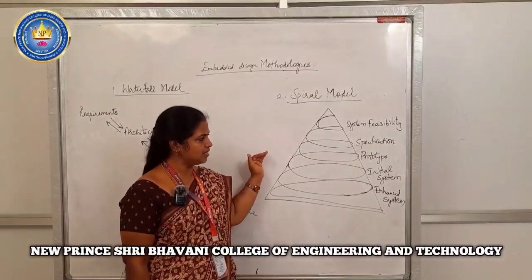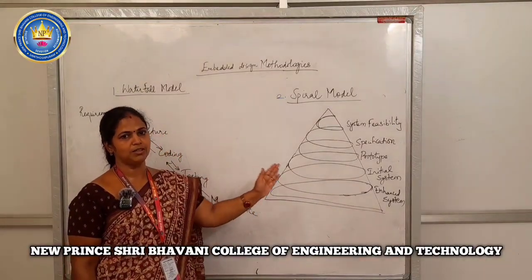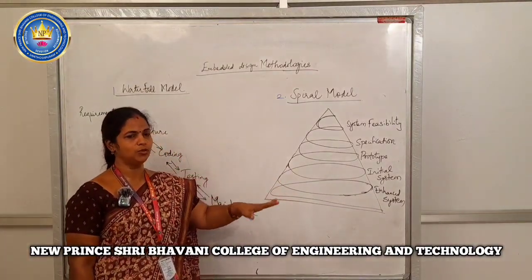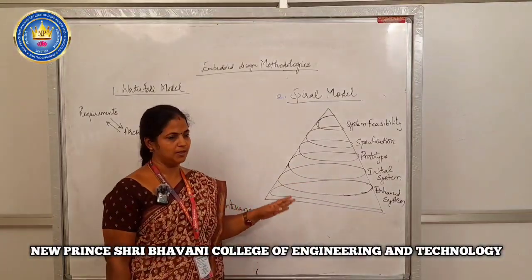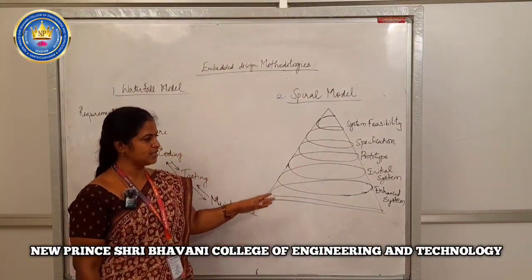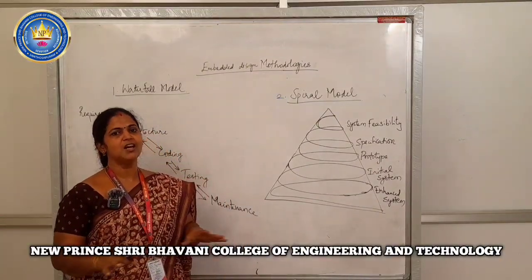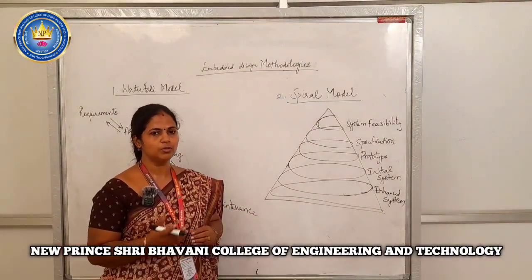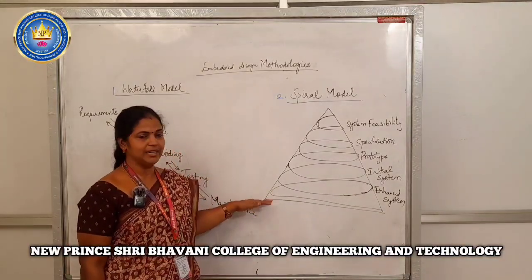And the next stage is the specification stage, where you specify the requirements, what you require to design the system. The third stage is the prototype design step, and the next is the initial system design. So you test how the system is going to work, how it is going to function, all the aspects. The next is the enhanced system.